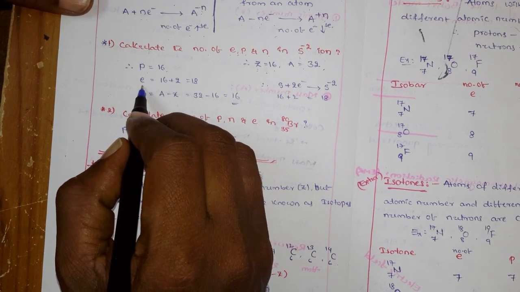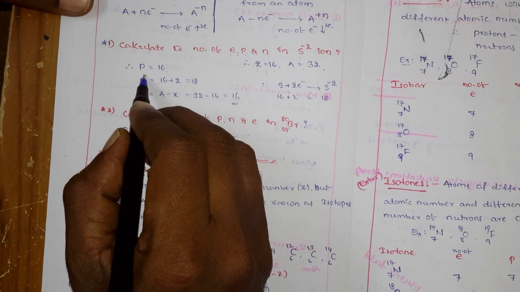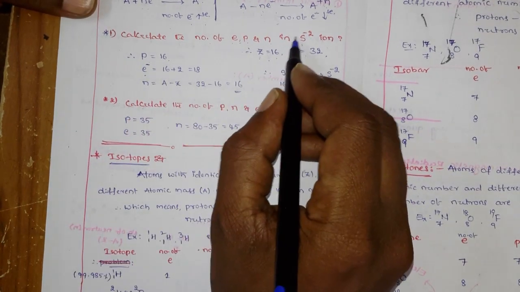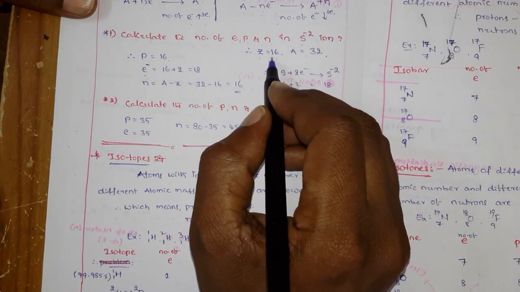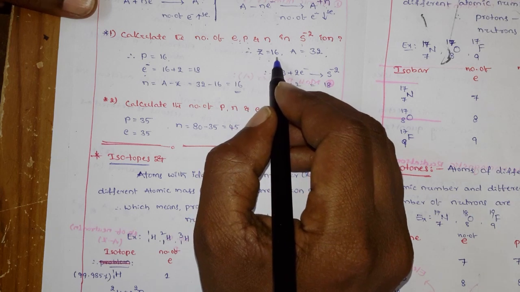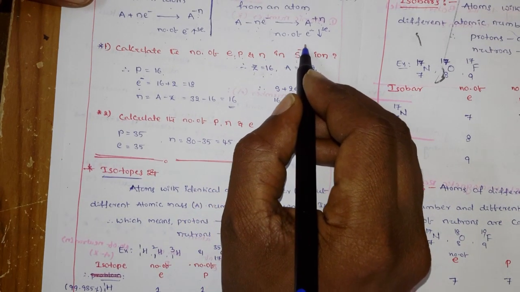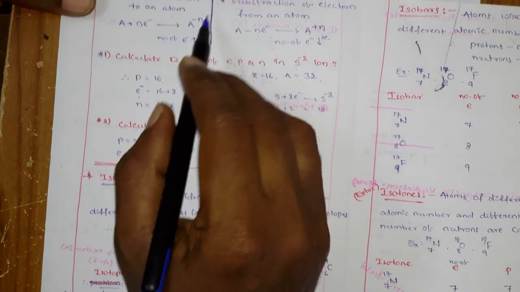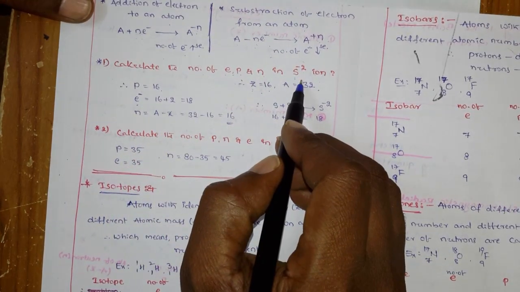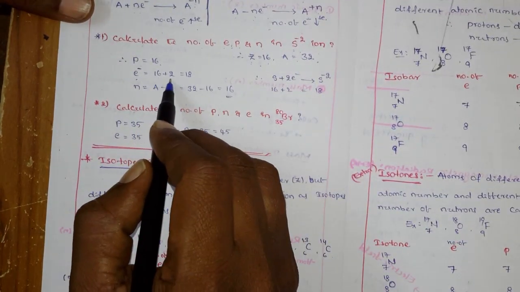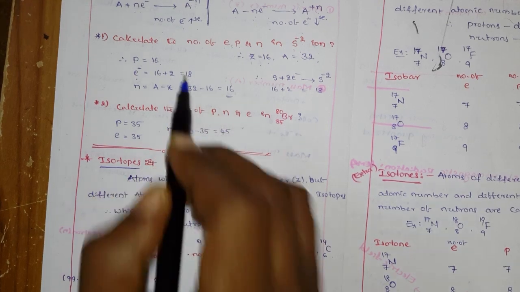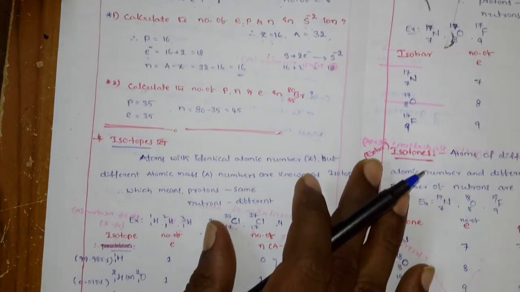But come to the electrons. In the neutral sulfur atom, there are 16 electrons. But here there are 2 more extra electrons because the charge is -2. So you combine 16 plus 2, which is equal to 18. Like that you have to calculate the number of electrons.